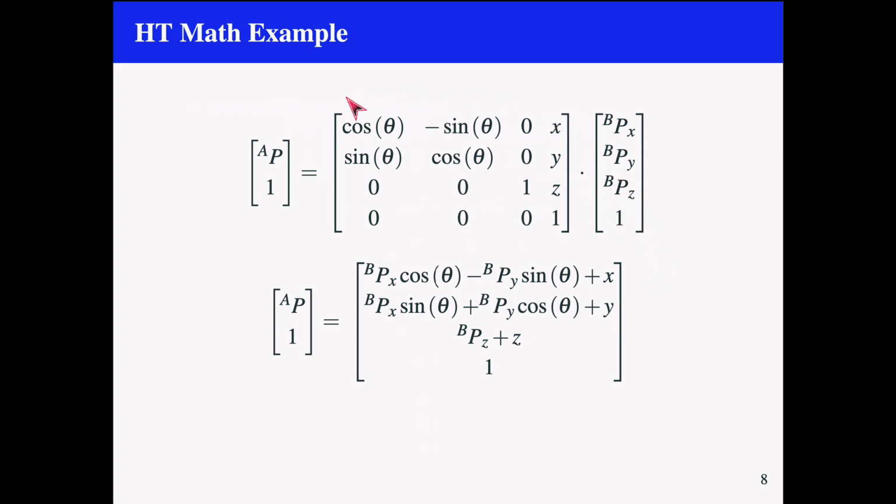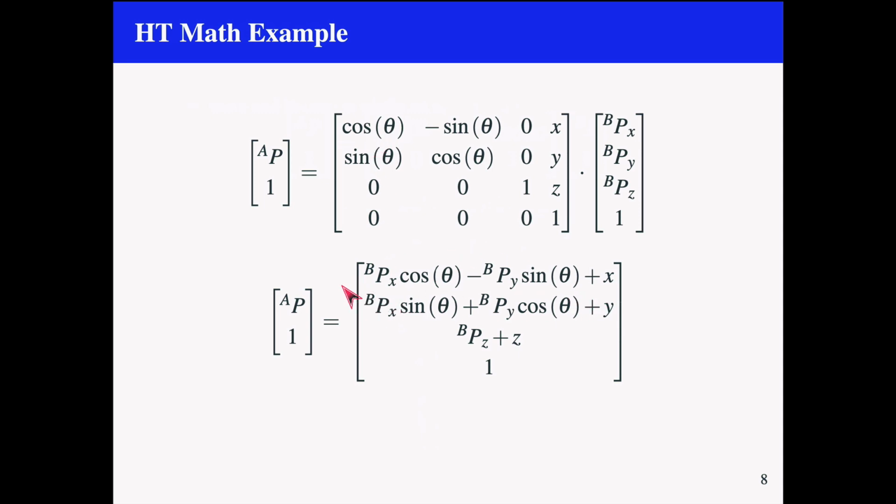And so what I want you to see is that if we took this row and dotted it with this column, we would get the first row of PBA, or the X component of PBA. So we would get cosine theta times PBX, negative sine theta times PBY, 0 times PBZ, and X times 1. And so this is that dot product of the first row of TAB with our PB vector with the 1 appended.